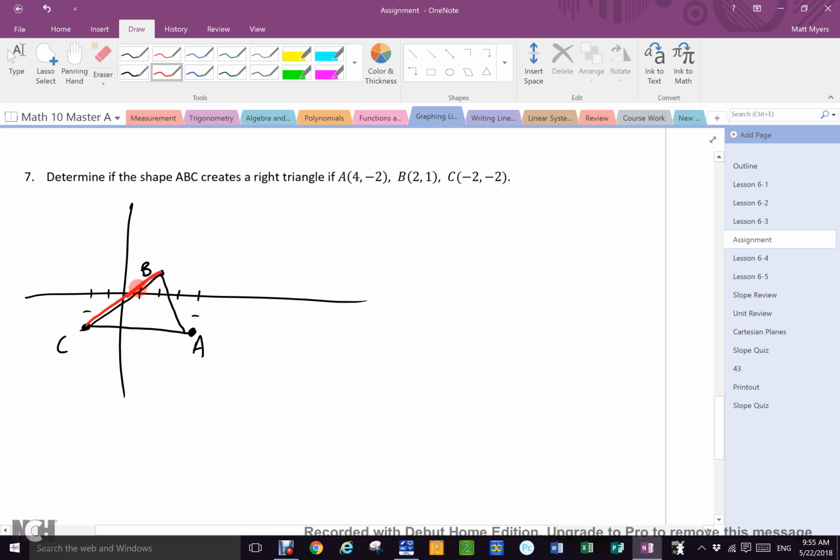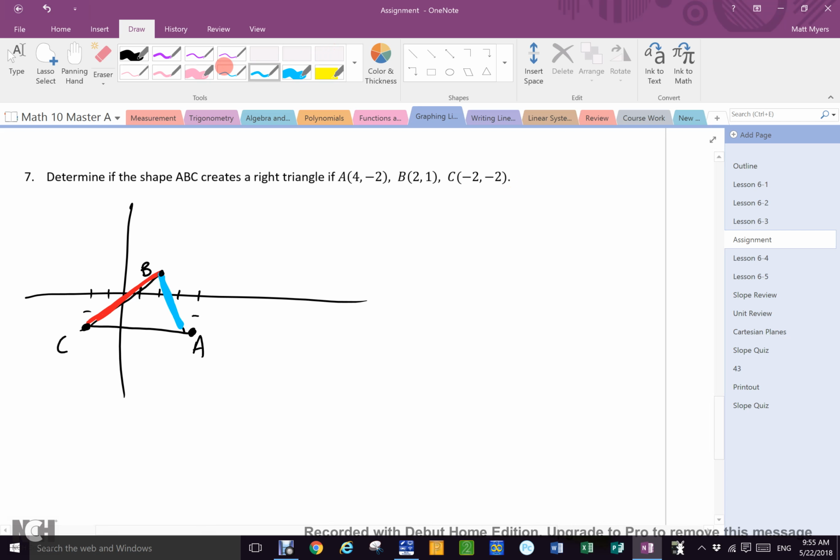So if I check that slope and I check that slope, do I know if they're perpendicular? Yeah. Great. Can I count this on the graph because I made the graph? Or could I do y2 minus y1? Who makes that choice?